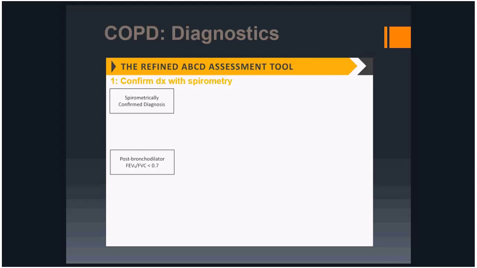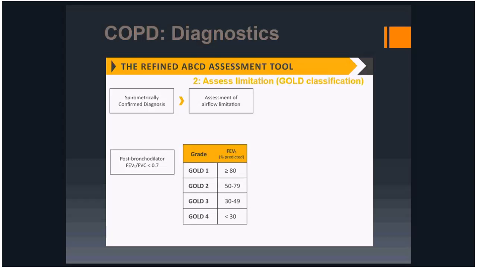So let's go through this step by step. When we are diagnosing a patient, we want to start out with confirming the COPD diagnosis with spirometry, FEV1 FVC ratio of less than 0.7. Once that is done, we have to now determine what is their classification. In other words, what is their severity? And for this, we're going to look at the FEV1, their percent of predicted.